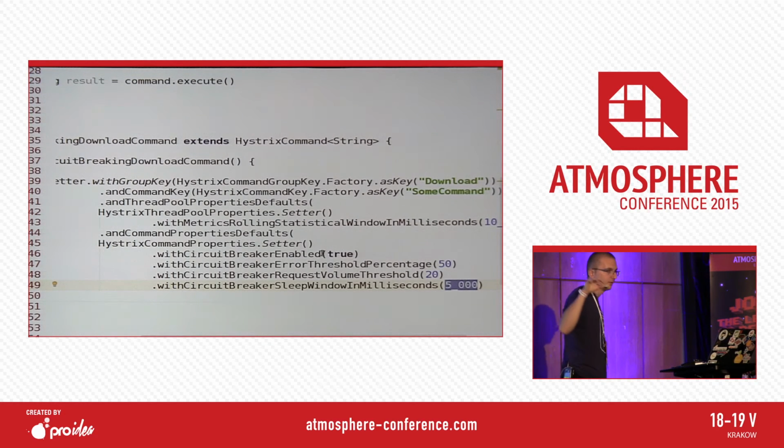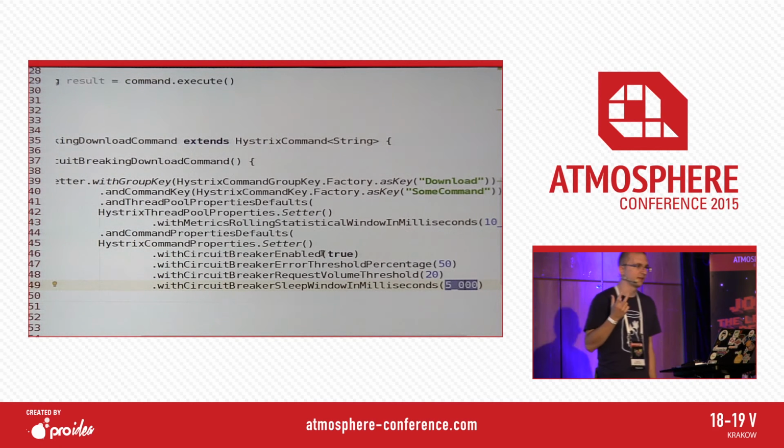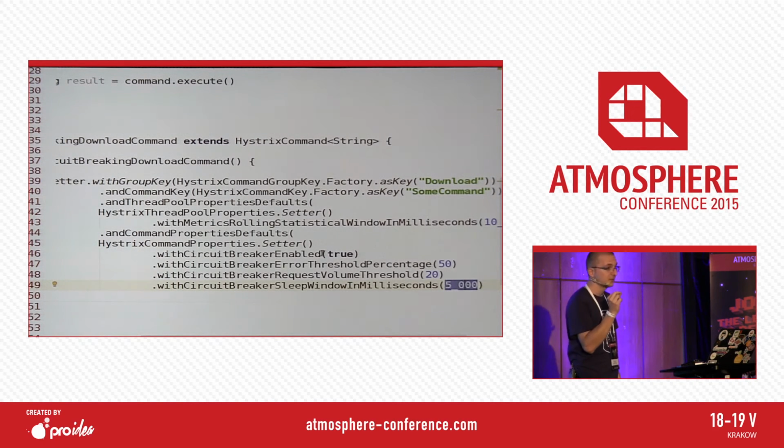However, if the backend service has an issue, and the issue might mean it does a garbage collection, maybe it's restarted, maybe there is a network problem, whatever, it's very likely that it's not gonna fix itself within 5 seconds. So what Hystrix does, and this is actually really clever, it goes into a so-called half-open state.